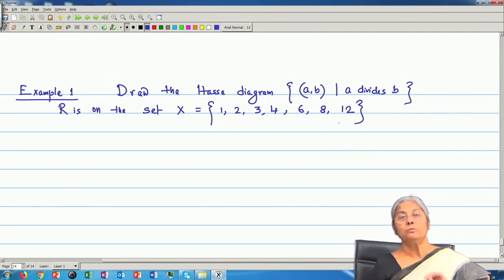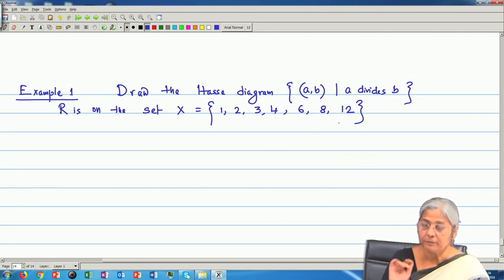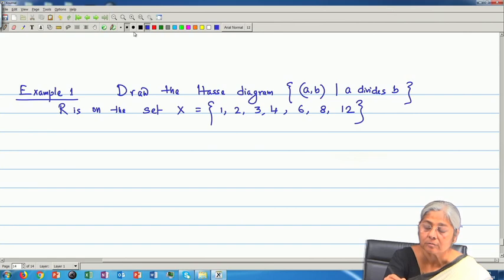So, now we know the procedure for drawing the Hasse diagram. So, first we draw the digraph. Since I have 1, 2, 3, 4, 6, 8, 12, that is 7 nodes, we draw the digraph.